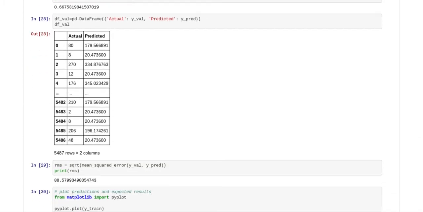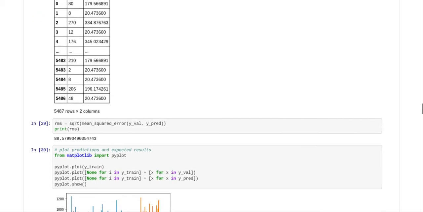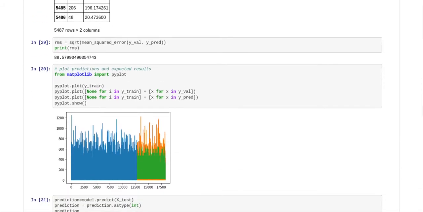So we made a little data frame so you can compare the predicted values against the real values. And the RMS is 88.58, so you can see that it's a definite increase. So that means this is not the best model that you can use.